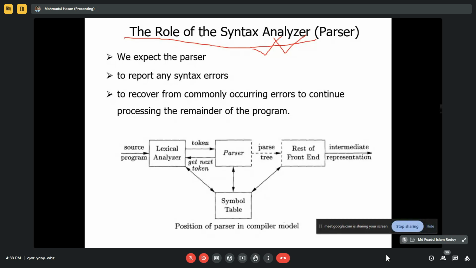But now my question: what are the functions of the syntax analyzer?